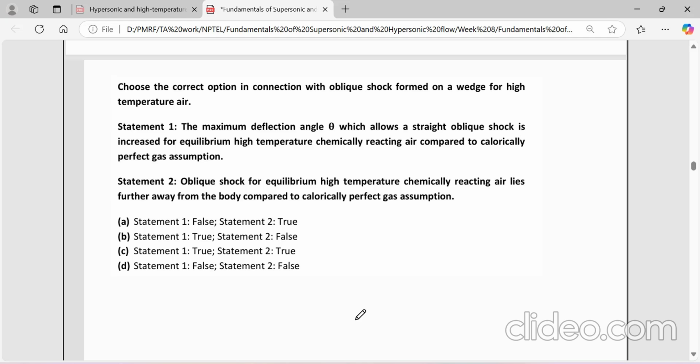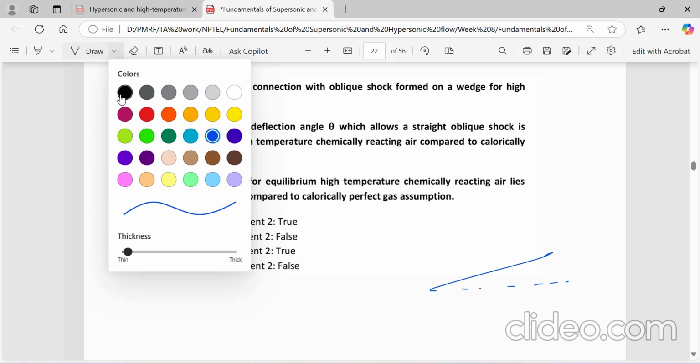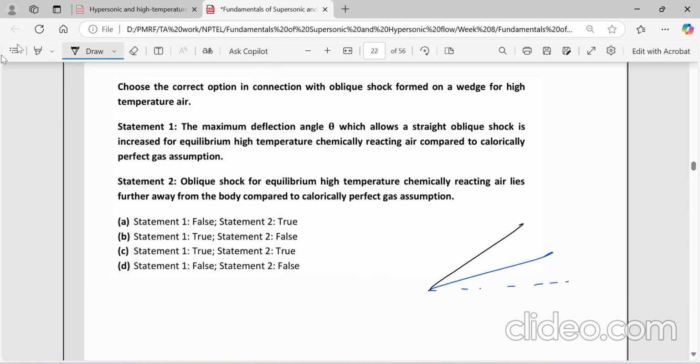The statement for the first option is telling that, let's say this is one wedge, and this is one shock.